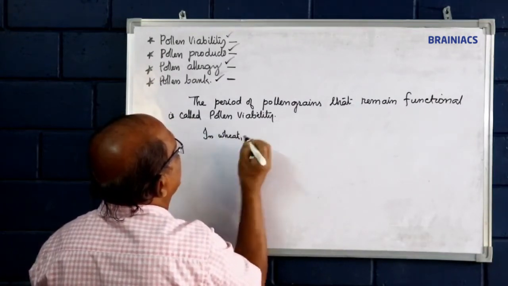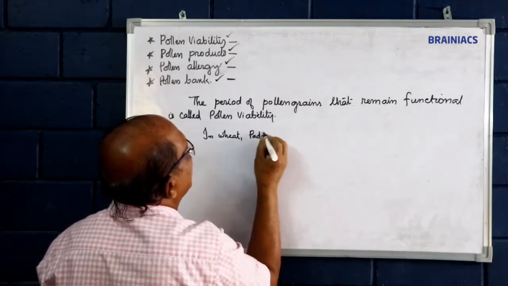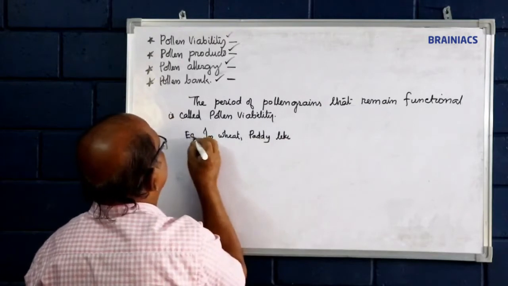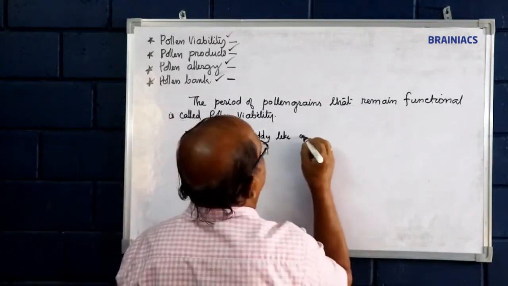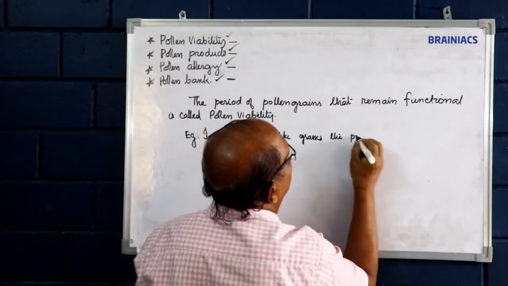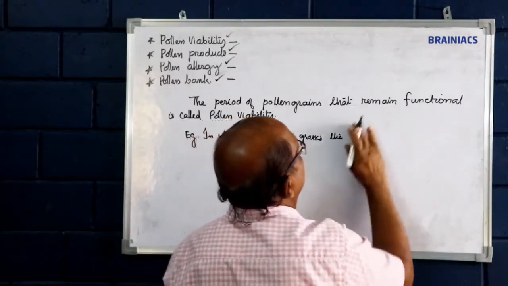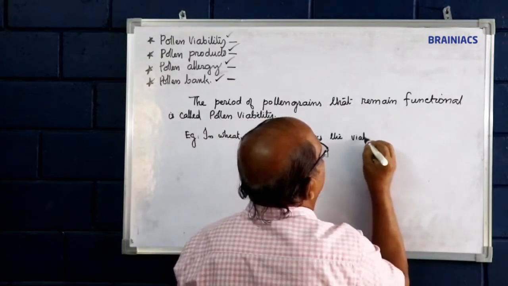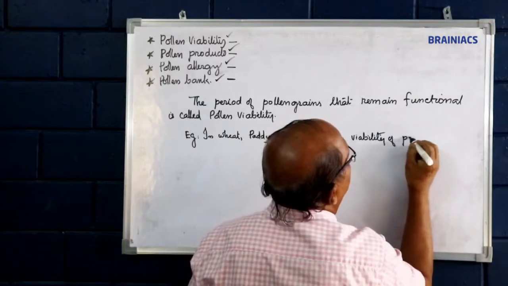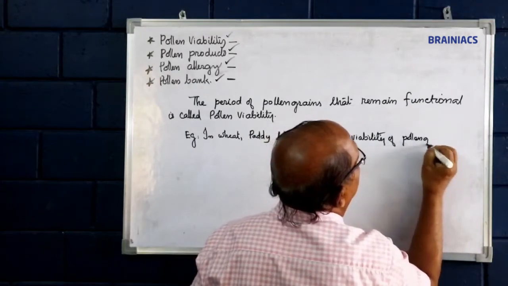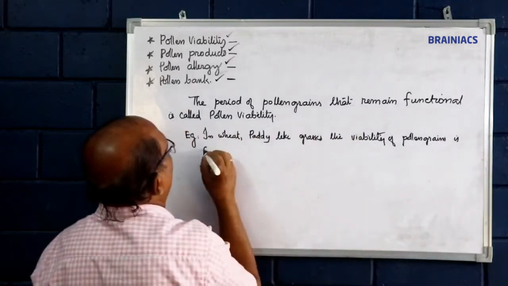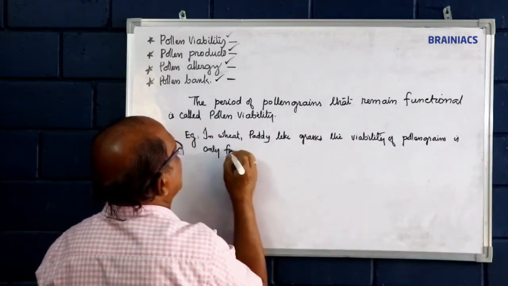In wheat, paddy, and grasses, the viability of pollen grains is only for 30 minutes.